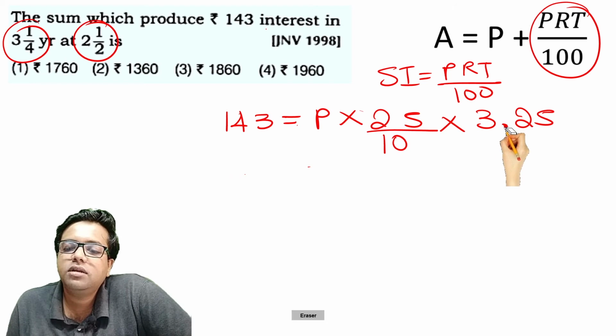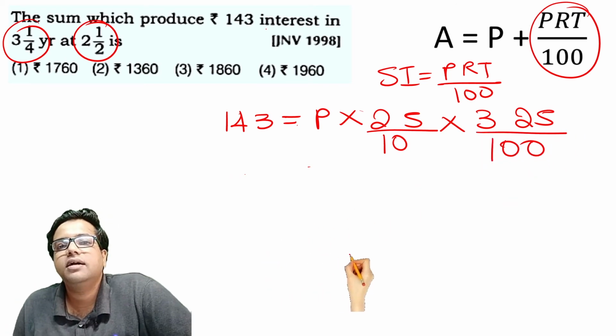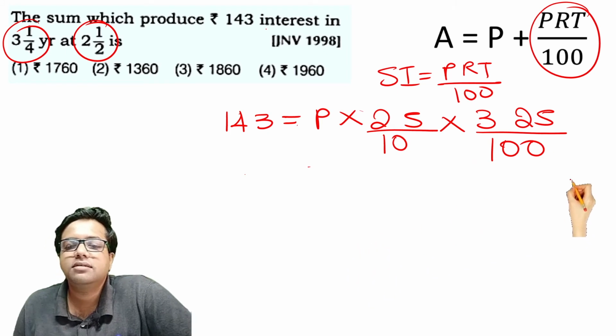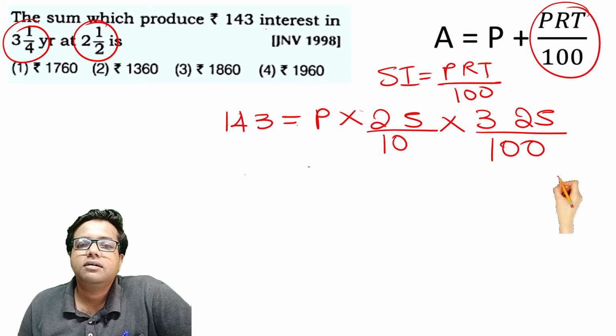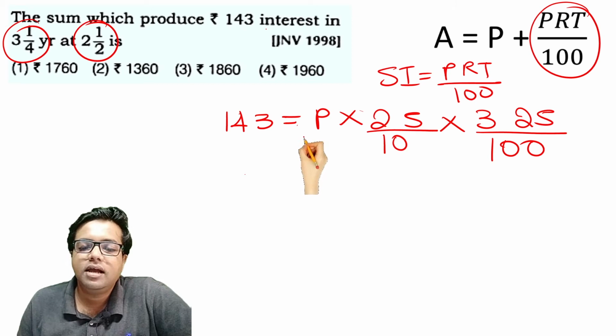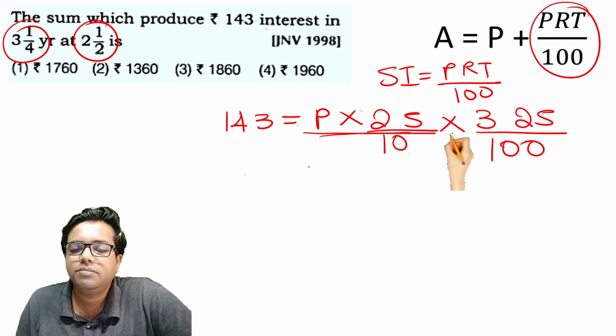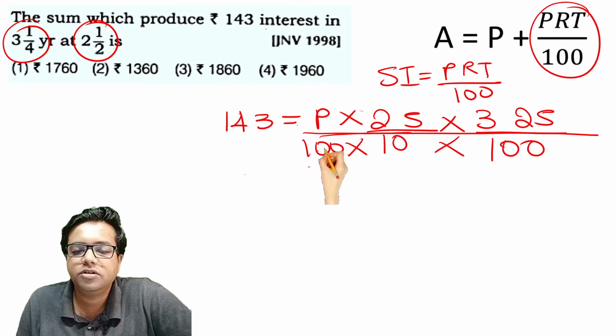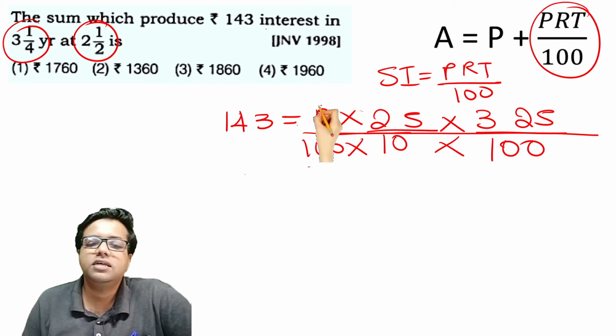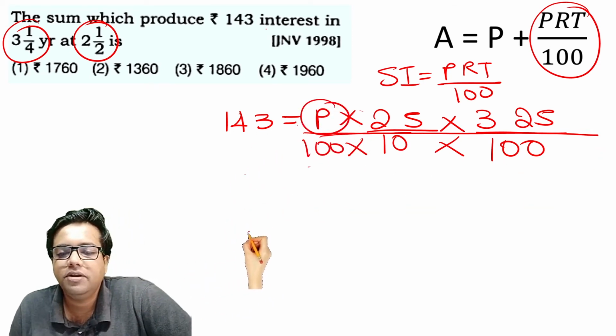So 3.25 can also be written as 325 by 100. Can I write like this? Yes, I can. And after that, whole thing divided by 100. So you will multiply one more 100 in the denominator. Okay, so this is the equation, and we need to find the value of P.